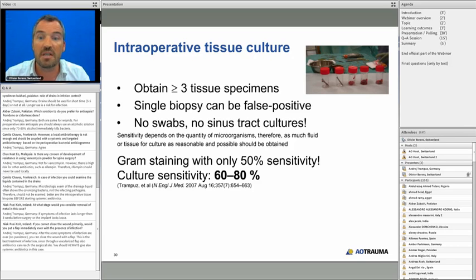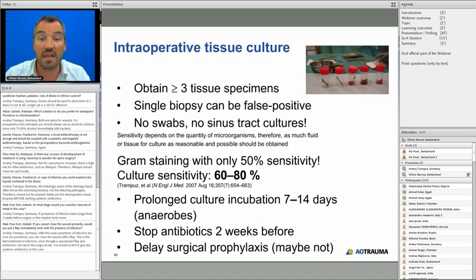So no swabs and no sinus tract cultures. Don't rely on gram staining. It has only a 50% sensitivity, and culture sensitivity is, even if we take good tissue specimens, only 60 to 80%. So even if it's negative, unfortunately, we cannot rely on that.